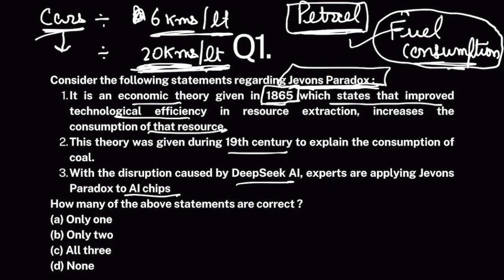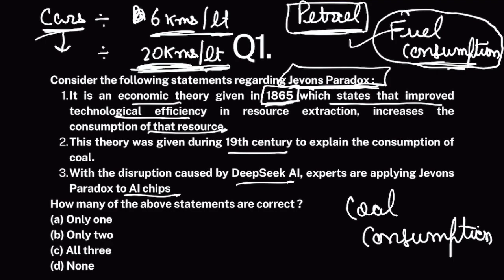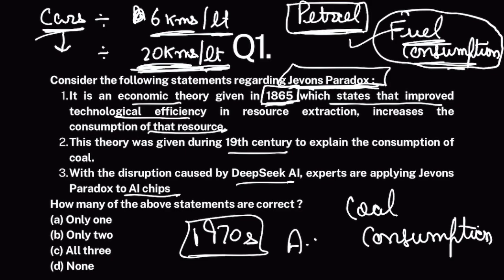Now, William Jevons used this concept to explain coal consumption during 19th century. But this paradox was also used to explain the rise in petrol and diesel consumption during 1970s in USA and Europe. And currently this concept is being used for AI.